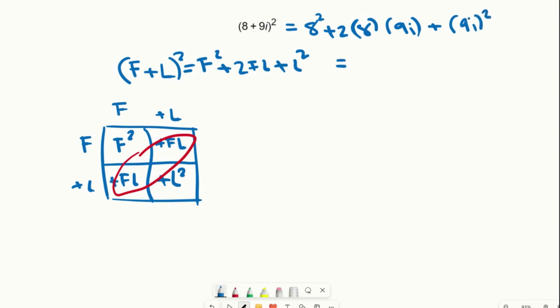So we end up with 64 plus 16 times 9, which is 144i. Let's make sure.